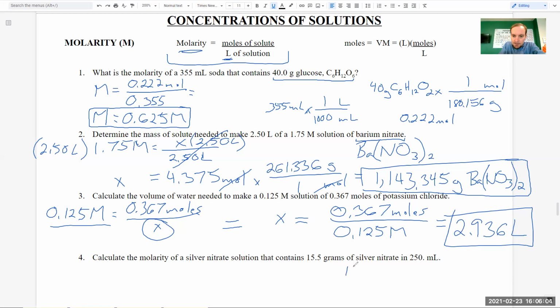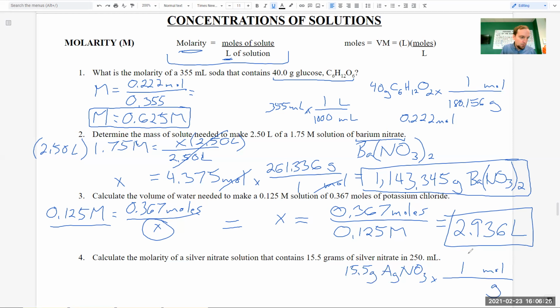So I have 15.5 grams of silver nitrate, which is AgNO3. All right, then I'm going to move my grams down here and my moles up here. So for every 1 mole, I would have the molar mass of silver nitrate. So the mass of silver is 107.868.